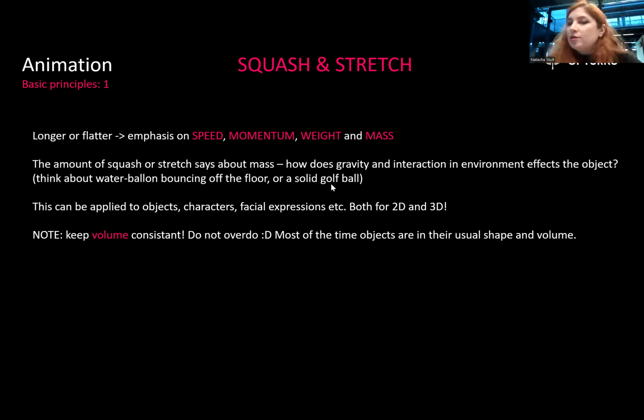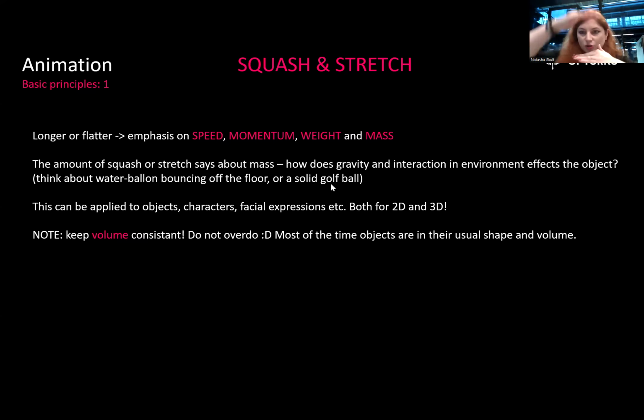But the first one, that literally every single object always has, is squash and stretch. That's literally everything. So basically, as a shape, mass, and the rules of the world, and the force upon which something is, let's say, a bouncing ball or shooting something or throwing something, based on the force also, there is another effect that can give a big difference in the amount of squash and stretch.